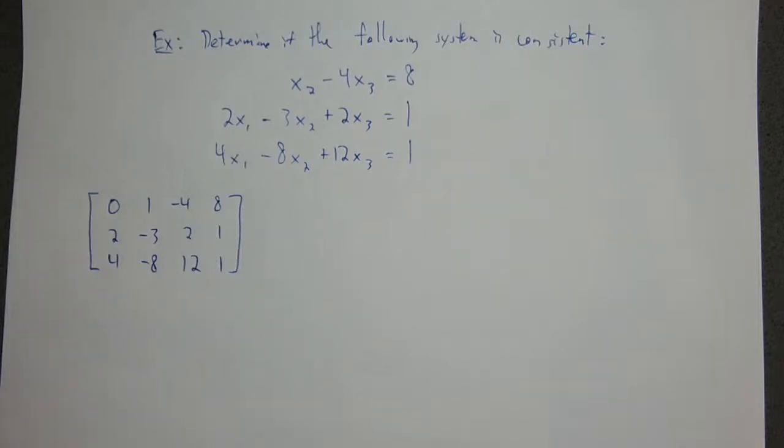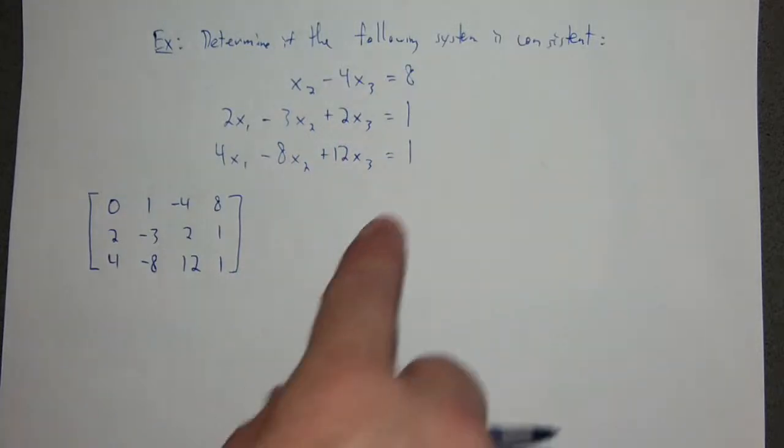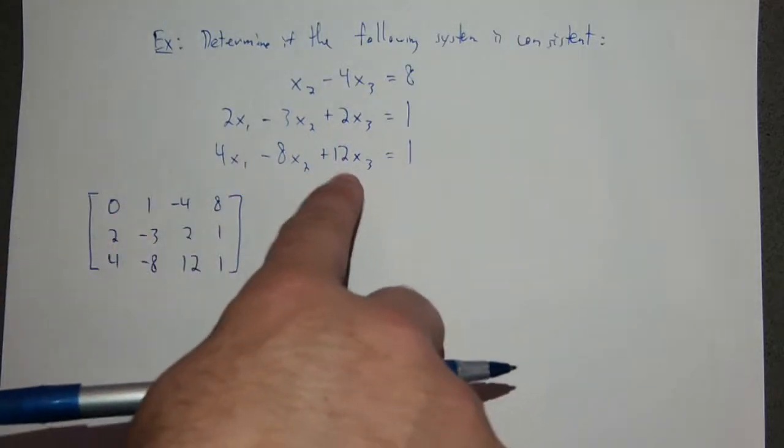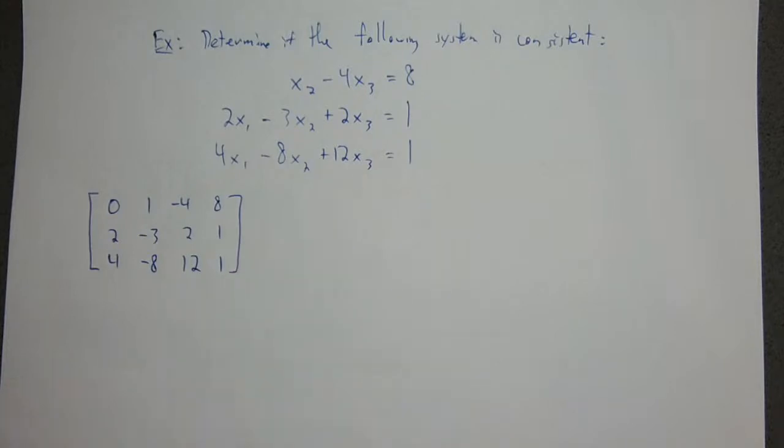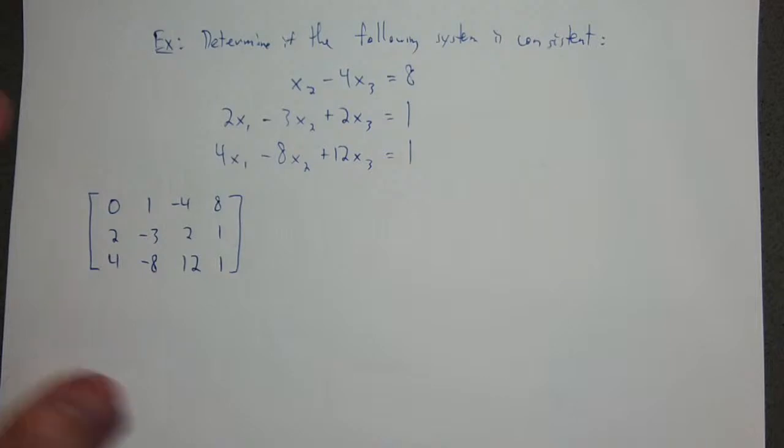Now, if I'm going to follow the same process that I followed before, ultimately I want to turn the third equation, or whatever equation ends up in this slot, into only having the single variable x sub 3. So if I want to follow this procedure, then having a 0 here is not going to cut it, and I want to swap those around. So I'm going to swap rows 1 and 2.